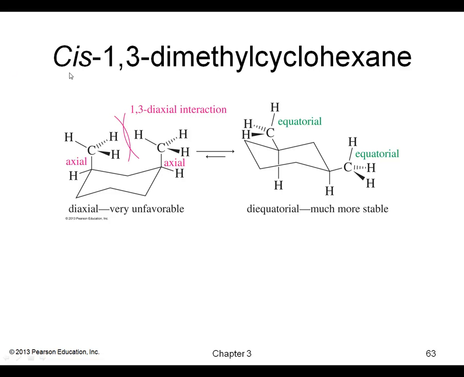Now, what happens if we have two groups on the cyclohexane ring? Here is cis 1,3. Okay, so note I draw this little plane here, top, so these two are cis, so I can have them both being axial, or upon the ring flip they both go equatorial. So this conformation here would be the much more stable one compared to this one.